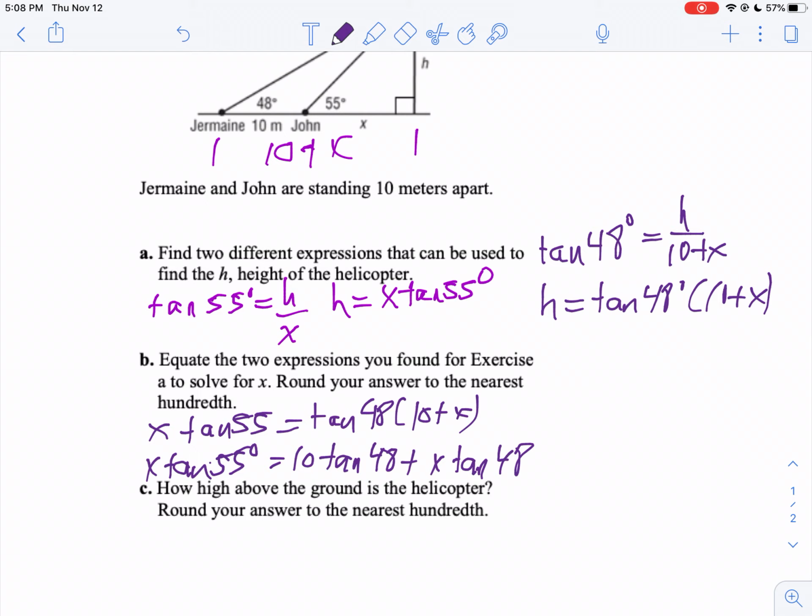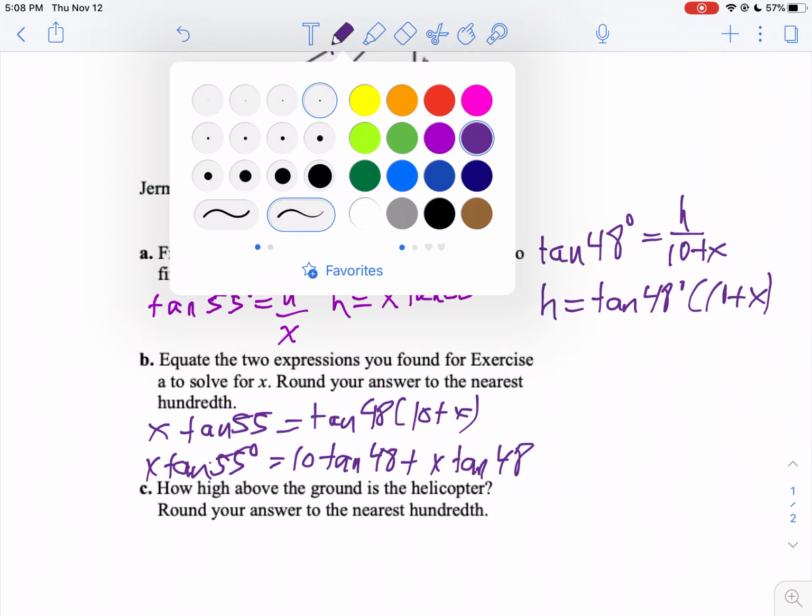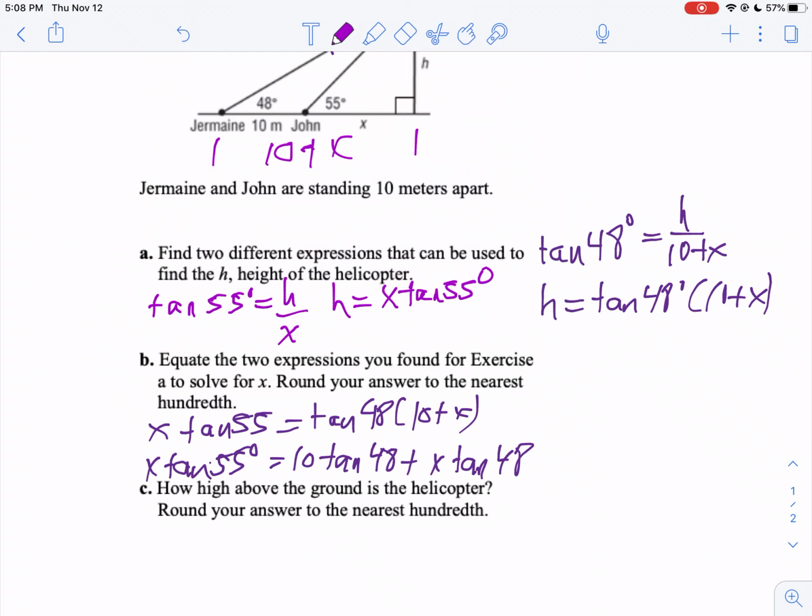Well, at this point, let's move the x's so they're both on the same side. I'm going to change colors here so it doesn't look like one goes to the other. So in other words, x times the tangent of 55 minus x times the tangent of 48 equals 10 times the tangent of 48.